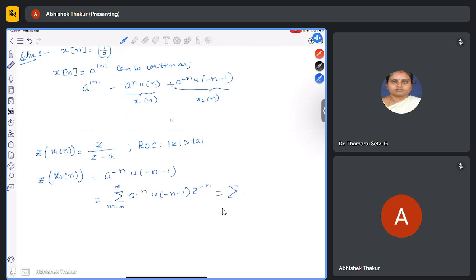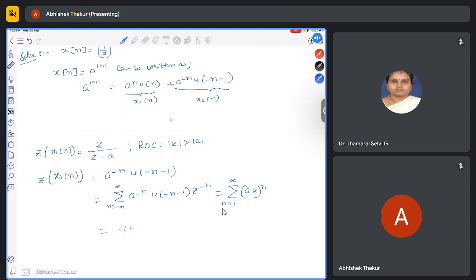This can be written as the summation of (az)^n. So this will become minus 1, where n is from 1 to infinity. Okay, because this is for only negative values of n.